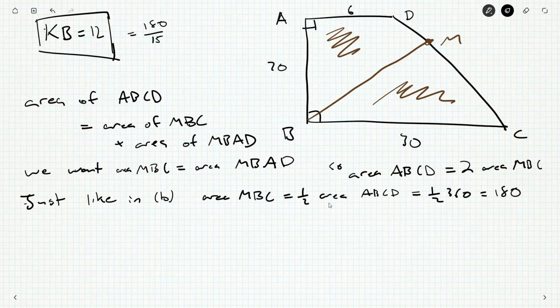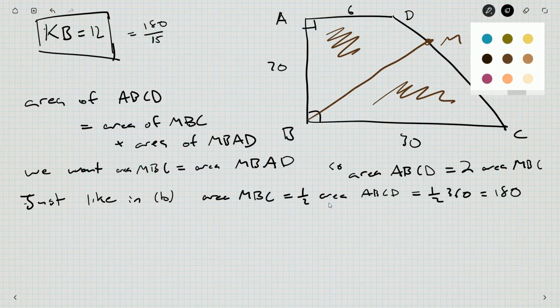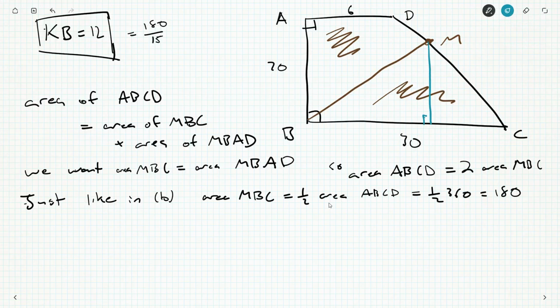Alright. Well, we have the same base. This is going to have the same height here. We'll use the funky blue. But we're going to have some height here.